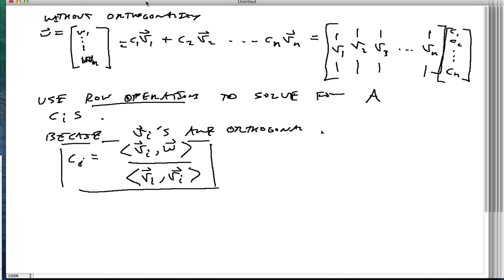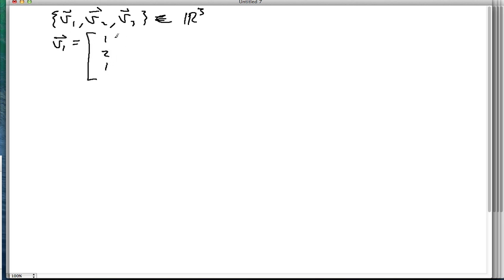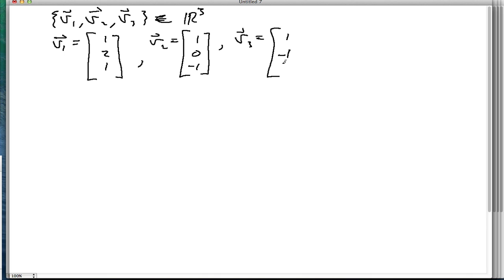So to finish this off, I'll give an example of a particular set. So we'll talk about the set V1, V2, and V3, and these are going to be vectors in R3. Okay, so V1 I'll set to be (1, 2, 1), and V2 will be (1, 0, -1), and V3 will be (1, -1, 1).